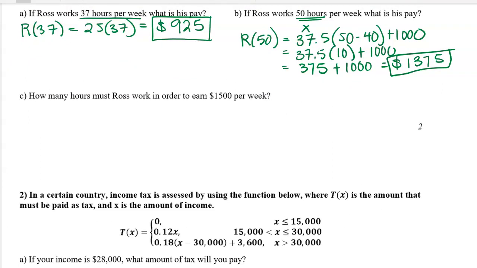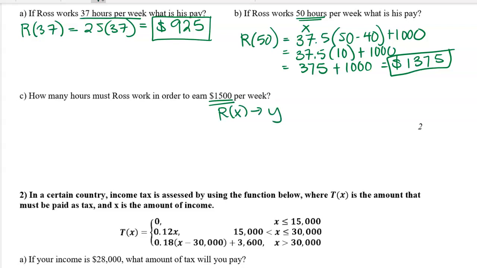Part C, can you help me read this one, please, Shaheen? How many hours must Ross work in order to earn $1,500 per week? Good. So, Shaheen, are we looking for x or are we looking for R of x? We're looking for x. Right. Okay, so 1,500 represents what variable? x or y? y, right? R of x, which is the same as y.